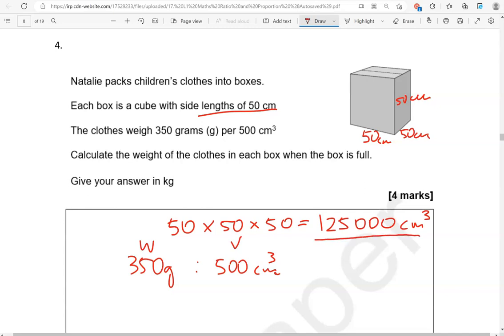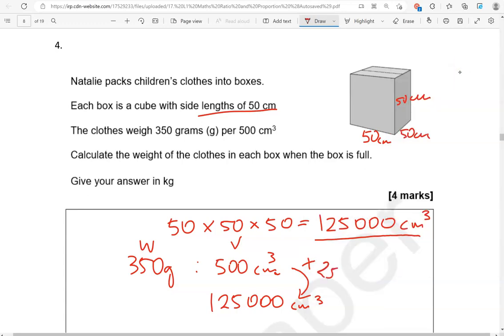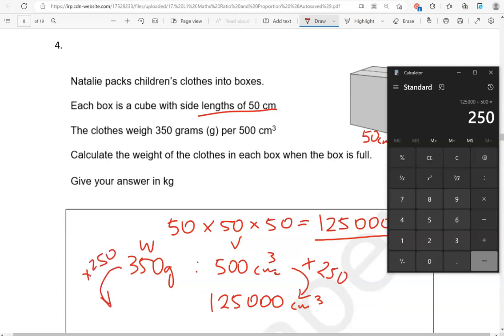So what about 125,000 cubic centimeters? So what do we multiply 500 by to get to 125,000? So we can divide 125,000 by 500, which is 250. So doing the same on the other side, 250 times 350 gives us 87,500.